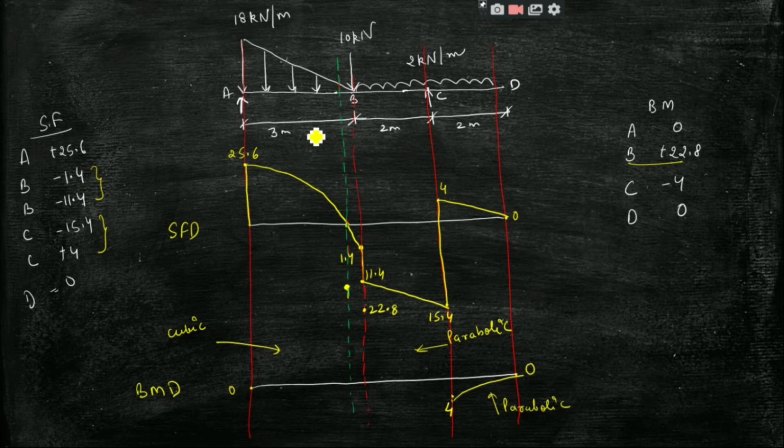So what we will do is locate this point in the loading diagram first. Let us say that in our beam, this point having zero shear force, or maximum bending moment, is at a distance of x from A. So first we will consider this loading diagram and then we will solve.